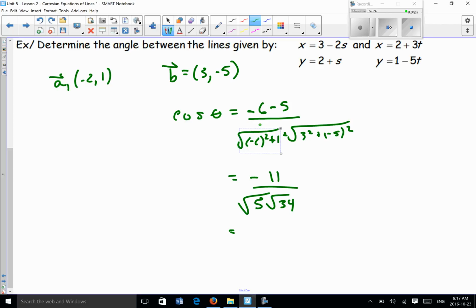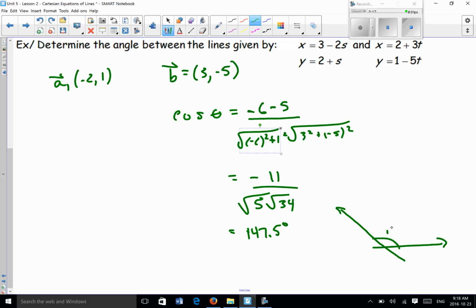And what is the inverse of all that? So all in our calculator, and that comes out to 147.5 degrees.